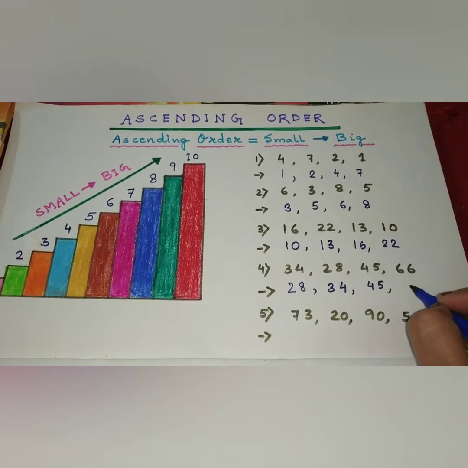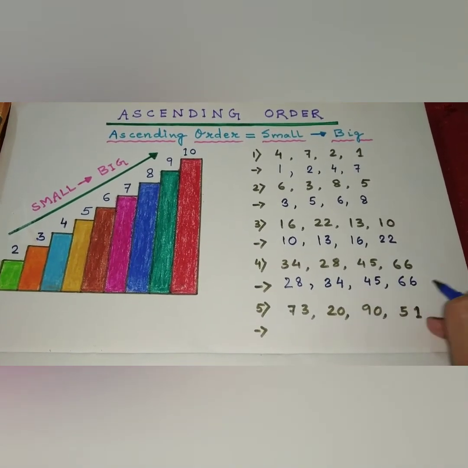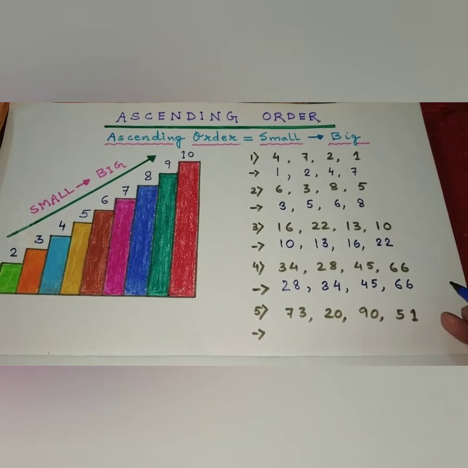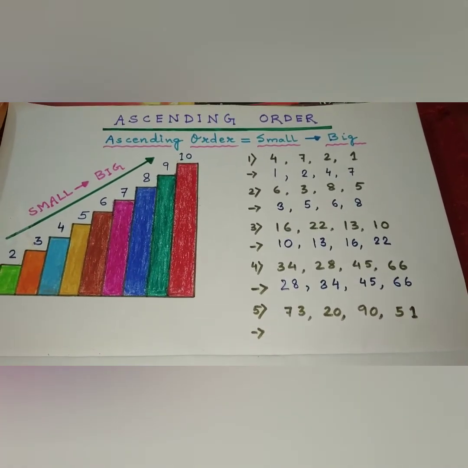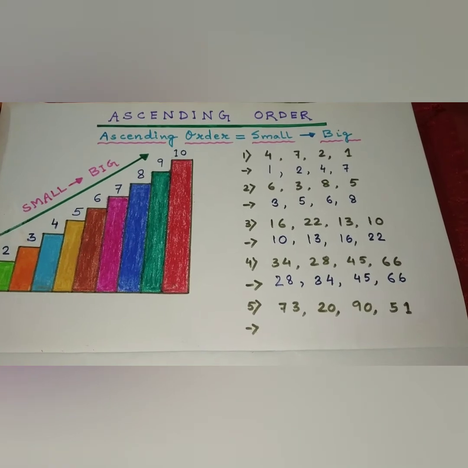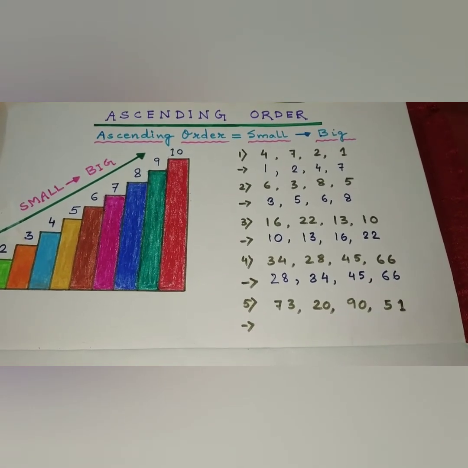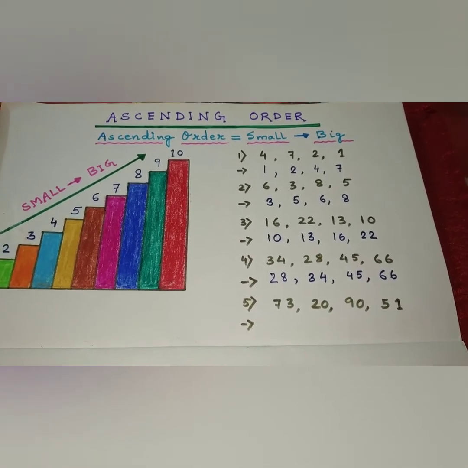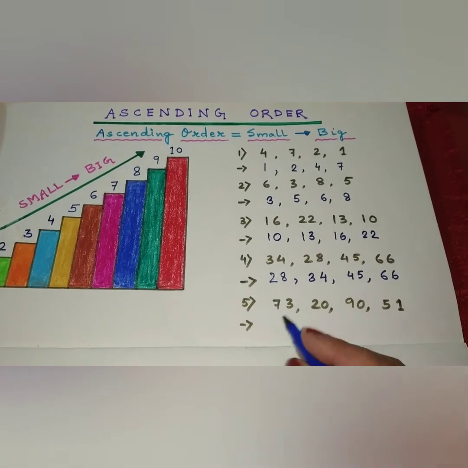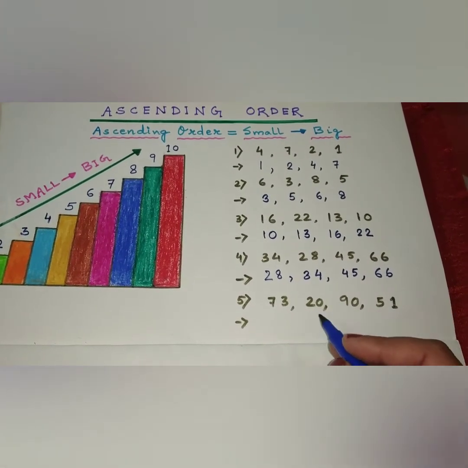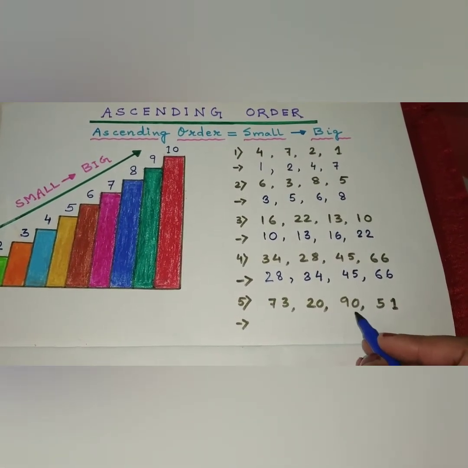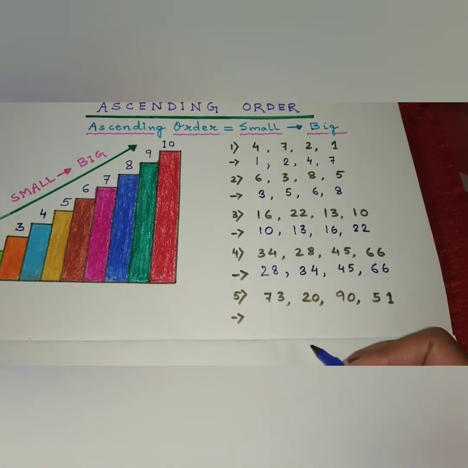And lastly, 66. I think, students, this method of understanding and solving ascending order is very helpful for you. Now let us do the last example. 73, 20, 90 and 51.